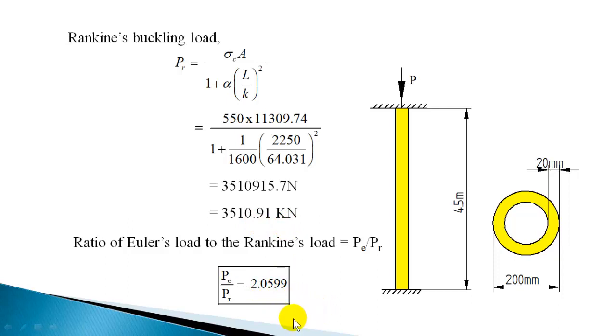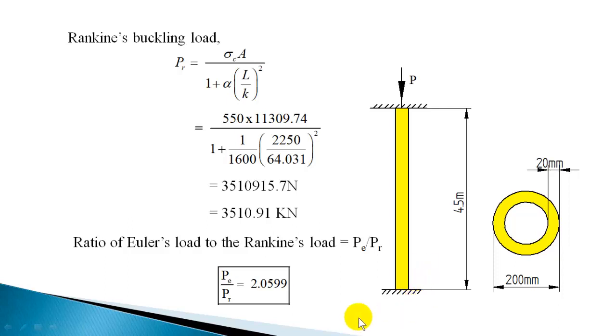So there is a lot of deviation between the loads given by these two equations. That indicates the Euler's load which you have used for this column may not be applicable for this column. The deviation shows that it might not be a long column, it might be a short column.